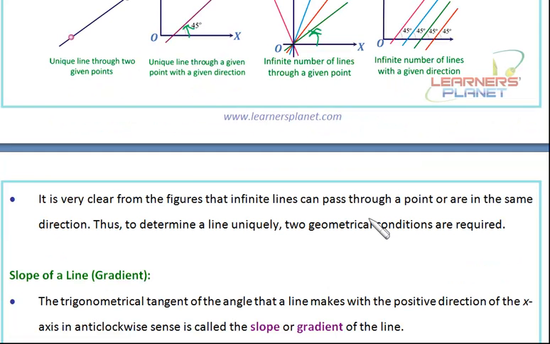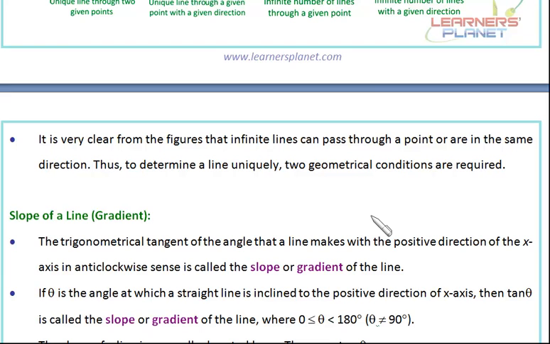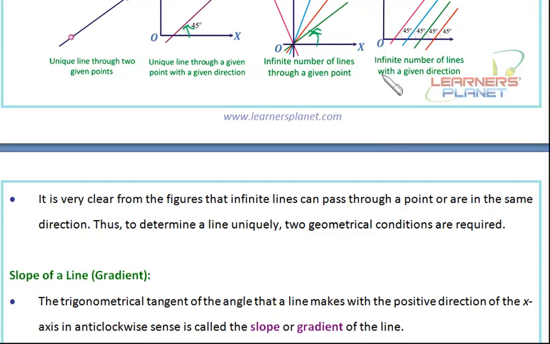And this is actually the angle, and the tangent of this angle will be the slope, right? The trigonometrical tangent of the angle that a line makes with the positive direction is known as slope. So if this angle is 45 degree, that means the inclination is 45 degree, but the slope will be tan 45 degree.